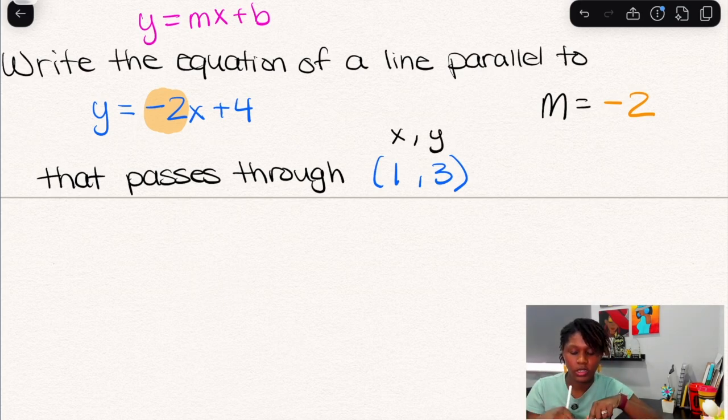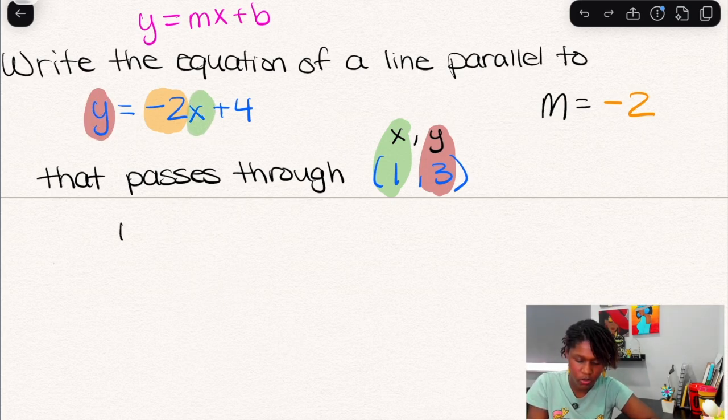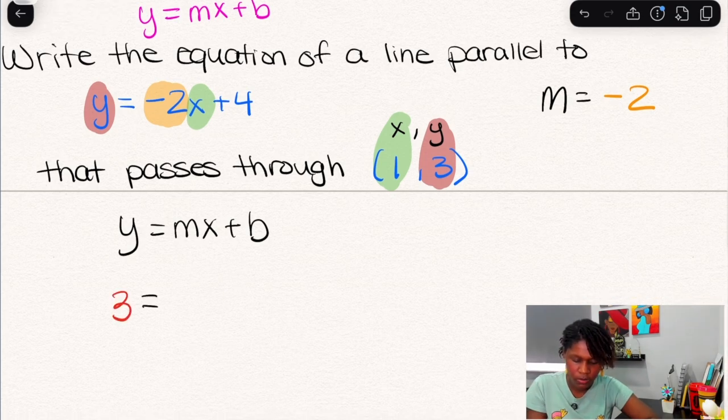Now we are going to use our point to plug it into our equation and find out what b is. I'm going to plug this in for x. I'm going to plug this in for y. So y equals mx plus b. And now we'll plug things in. 3 equals -2 times 1 plus b.